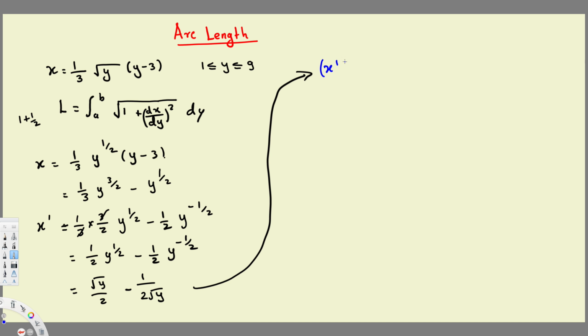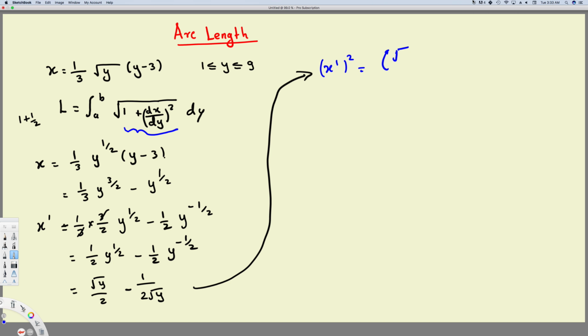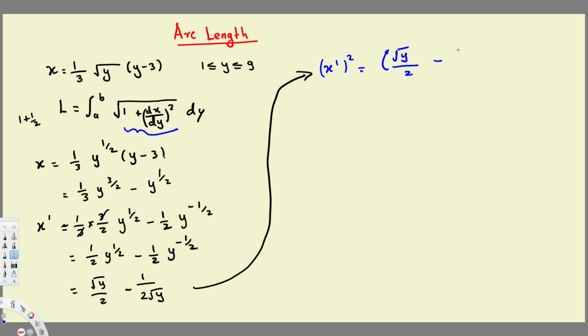x prime squared is equal to, we are squaring because we are going to apply this inside the formula, root y over 2 minus 1 over 2 root y, whole squared.